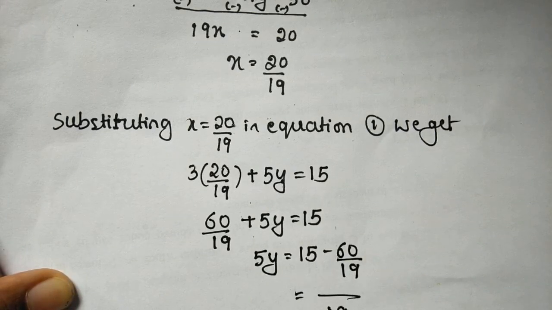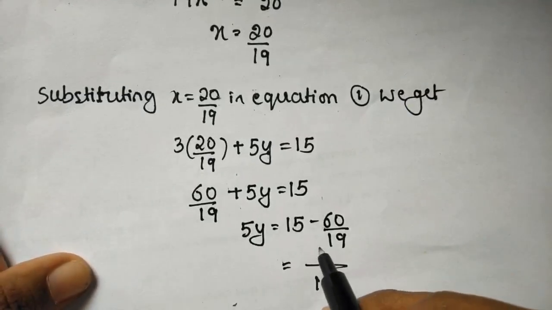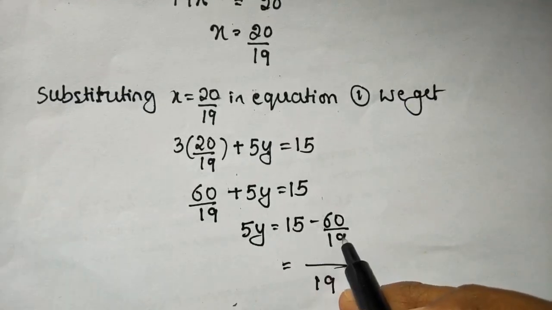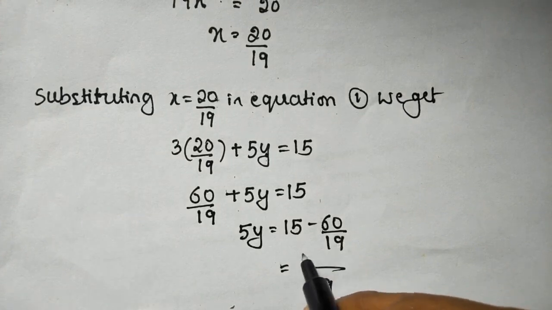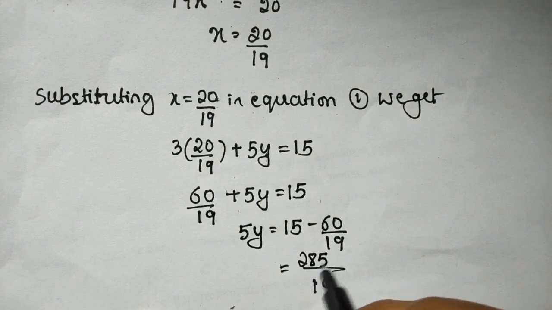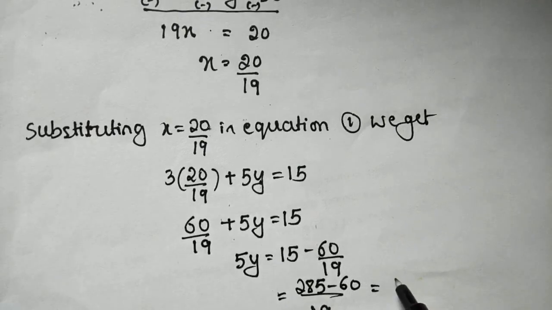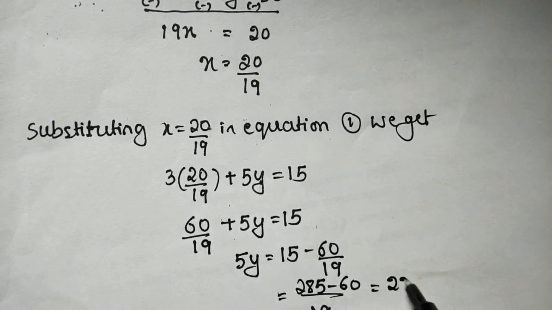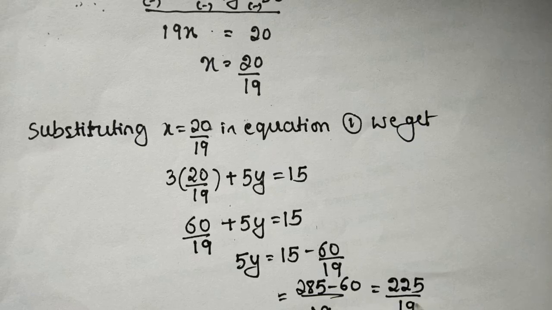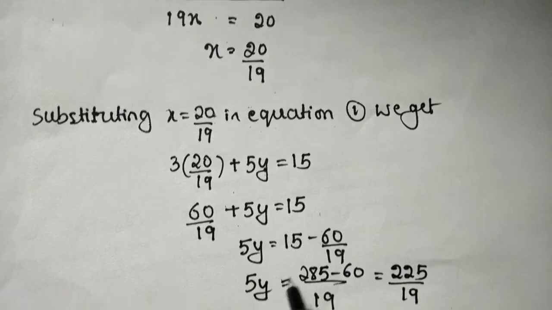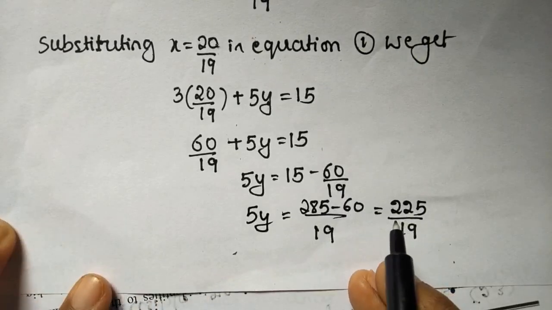LCM is here 19. Numerator will be 15 into 19, which is 285, minus 60. 285 minus 60 is 225 divided by 19. 5y is equal to 225 by 19.